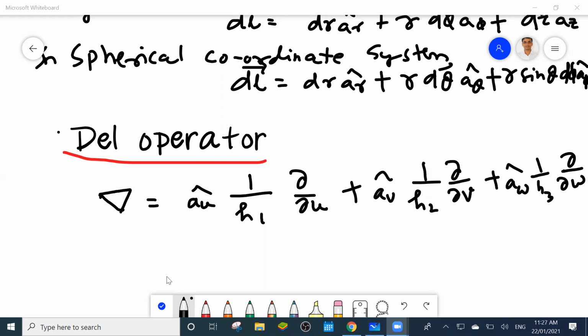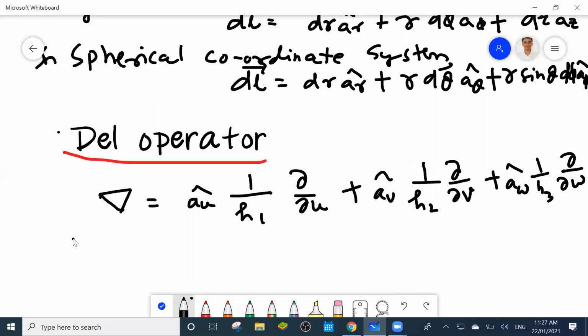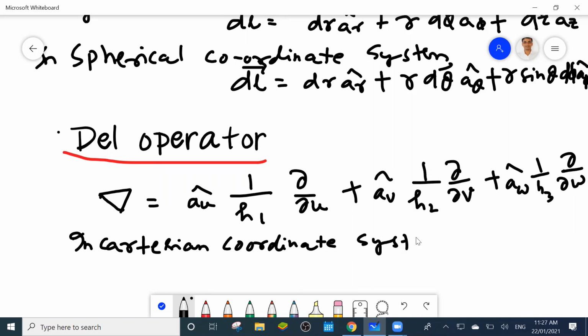See here how I am writing. Now all of you see here, very very important. In rectangular or Cartesian coordinate system, what is the del operator? In Cartesian, the h1 value is 1, h2 value is 1, and u is x, v is y, and w is z. So in terms of x, y, z, what is the del value?